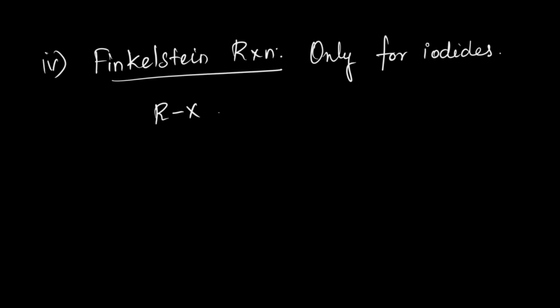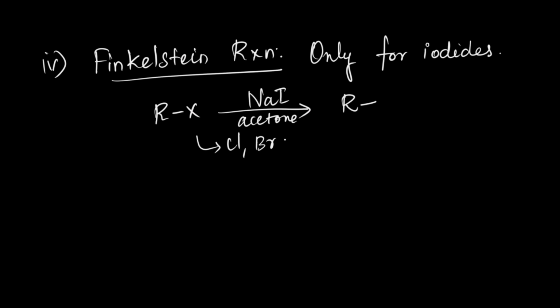R X, where X can be anything, Cl or Br, but as an end product it will give you iodide. For that, we are using sodium iodide and acetone. So questions can be asked from this part: which method is especially for iodides, alkyl iodides?